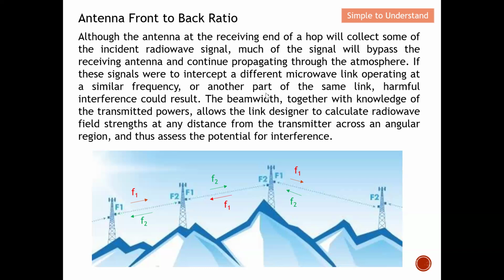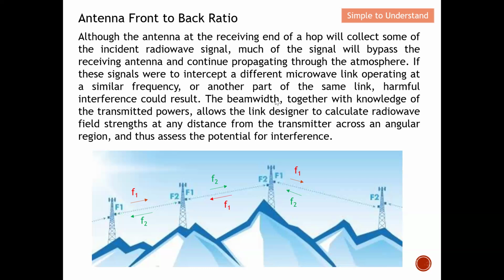The beamwidth, together with the knowledge of the transmit power. If you have not been able to understand what beamwidth is, please see the playlist, where I have described what beamwidth is. So when you are able to control the beamwidth, which means specifically targeting a particular antenna, for example, then you will resolve the issue of interference.